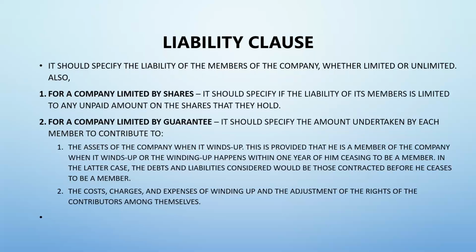In case the company is winding up, this is provided that the member of a company, or when the winding up happens within 1 year of him ceasing to be a member. In the latter case, the debts and liabilities considered would be those contracted before he ceases to be a member.